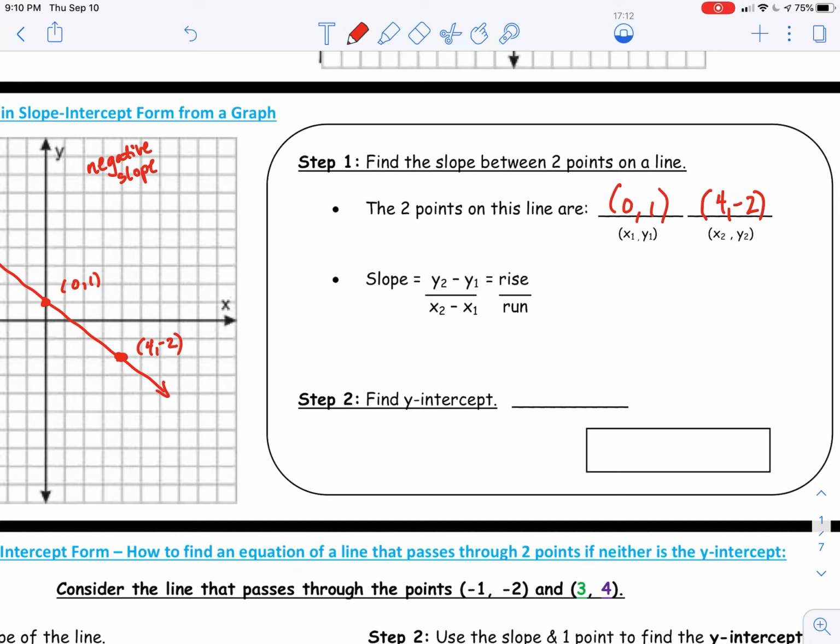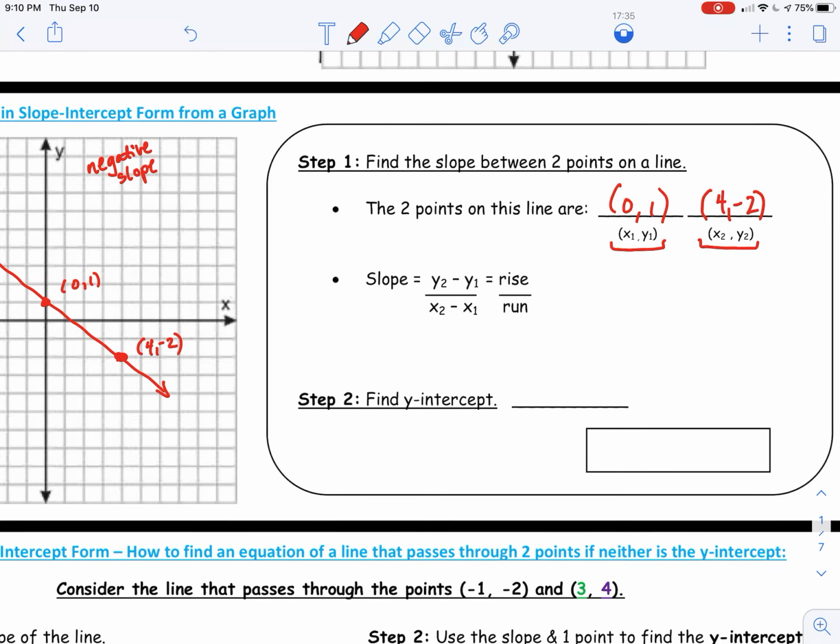We're going to call these on this side x1 and y1. And the second set of points, since it's another set, we'll give them a little sub number of 2 here, just to keep our set of points distinct.